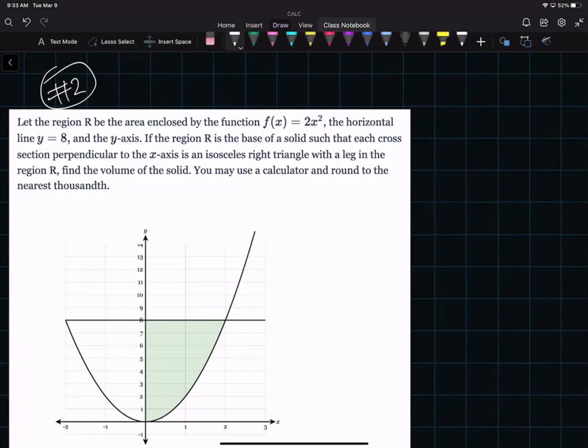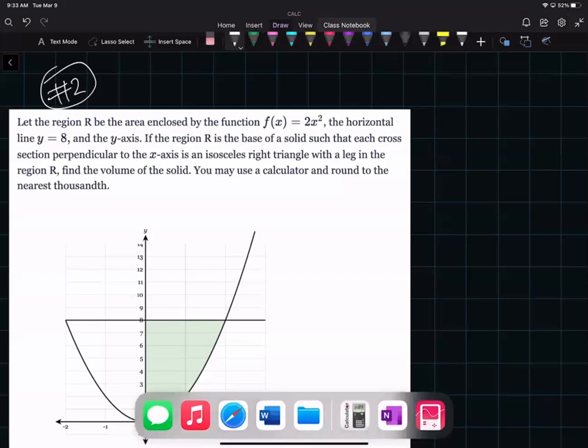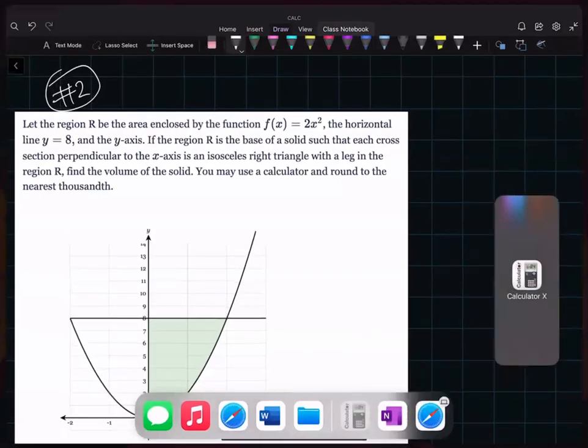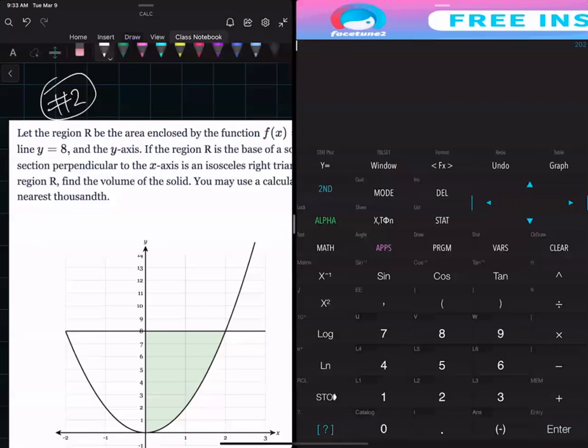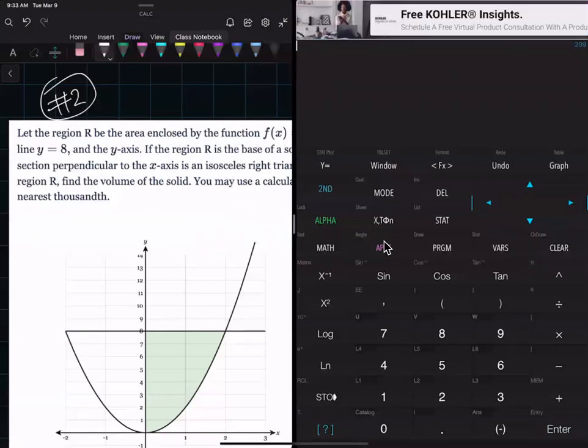Okay, someone's asking, once you go to 9 and you press enter, what button do we push for x? No, it's not this one, it's this one. You press this one right here that says X, T, theta, n. So these are all the different variables.